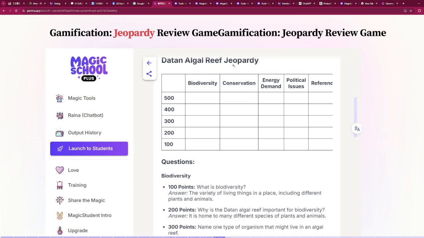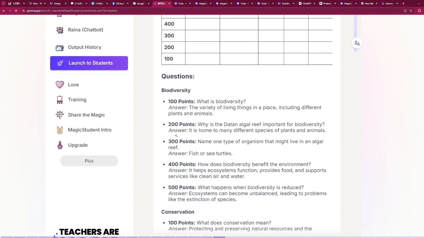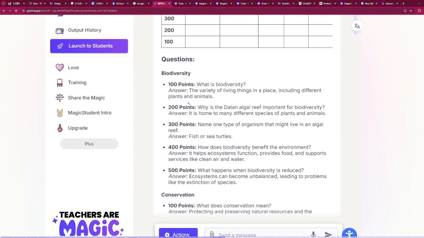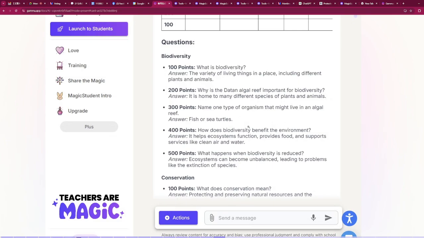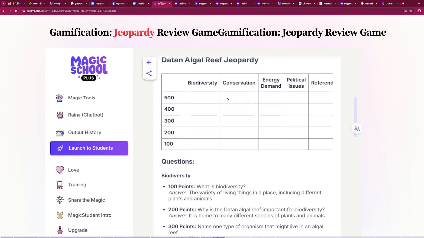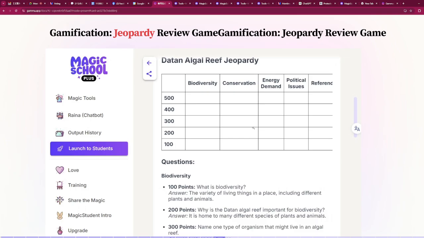So for the same topic, it's got biodiversity 500, 400, 300, 200, and 100. And for this, you could see questions like what is biodiversity, and why is Datan Algal Reef important for biodiversity. Name one of the organisms that might live in an algal reef, fish or sea turtles. But you could see that the language here is still very difficult for this Jeopardy game.